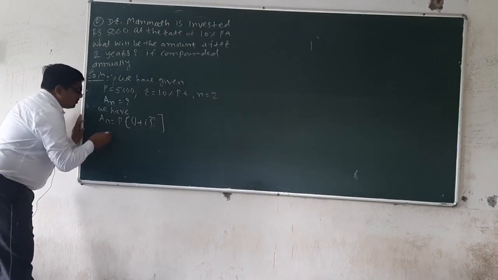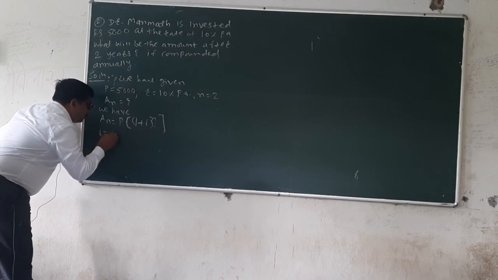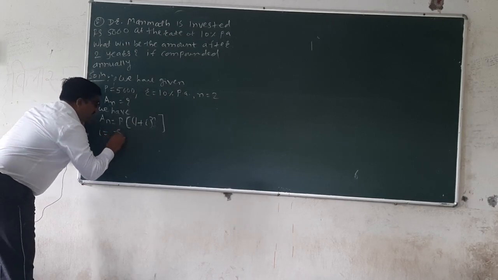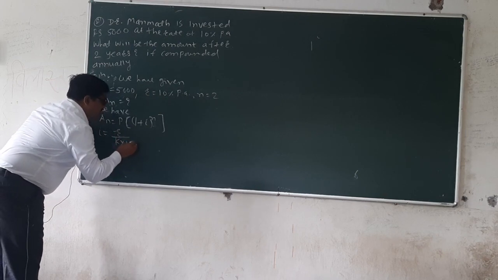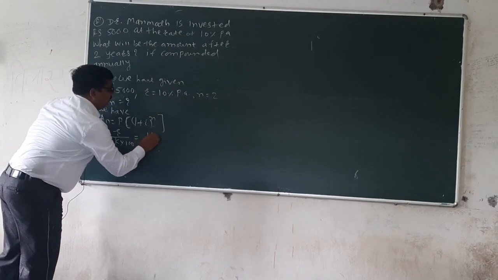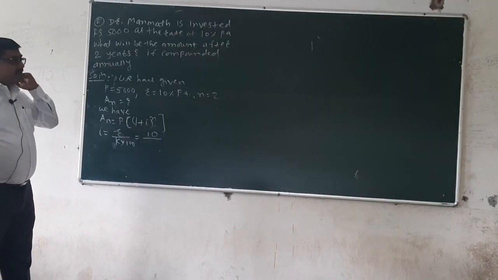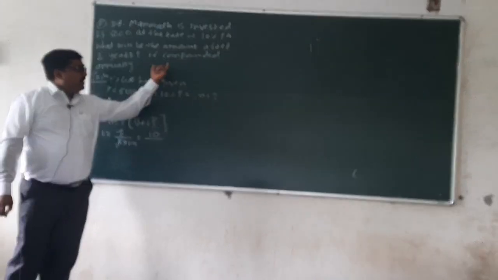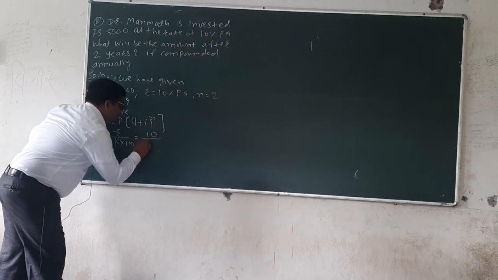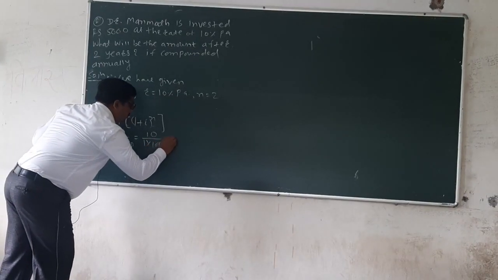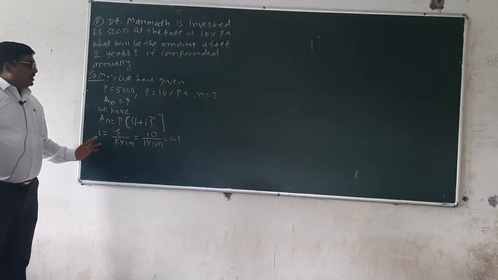Now, what is I? First find out I. I equal to R upon K into 100. R is 10, K is the number of conversion periods in a year. Your compound interest is calculated annually, so K is 1. So 10 upon 1 into 100 is 0.1. This is your I.